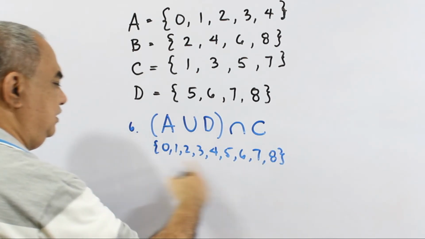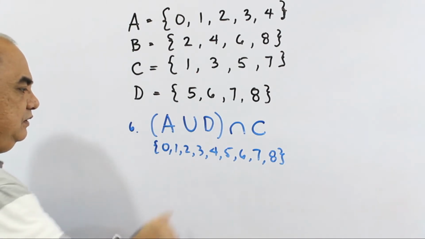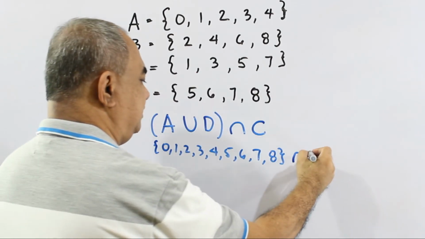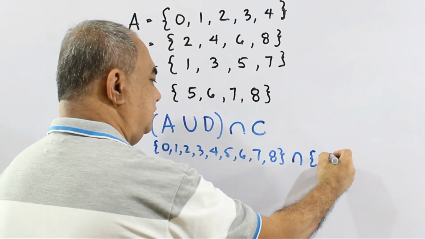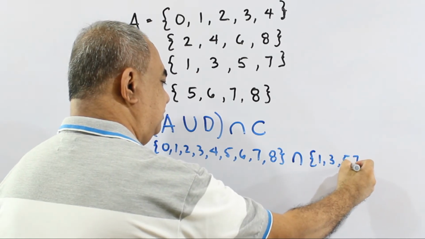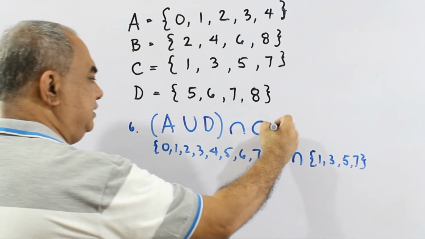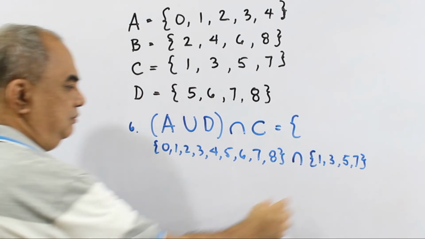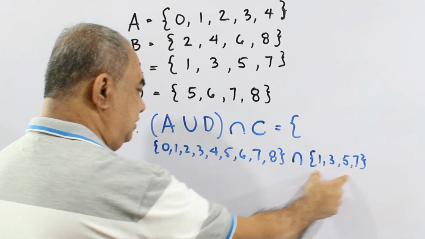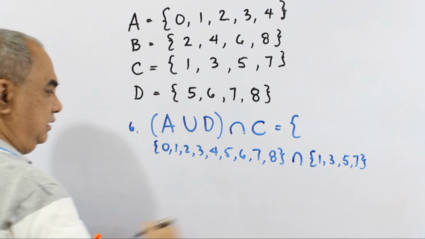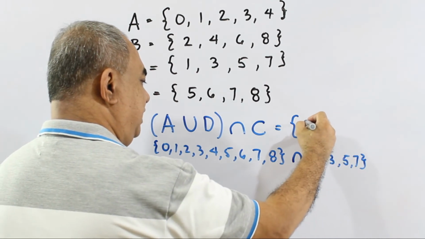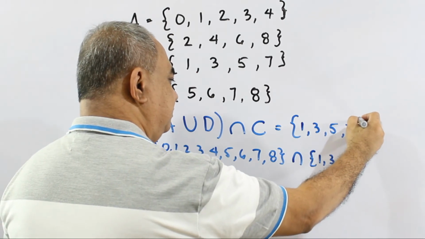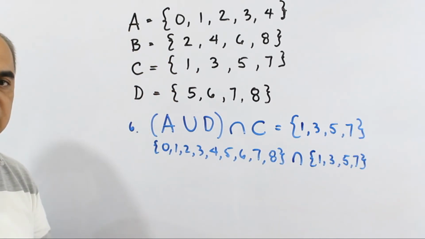It looks like it's the universal set. And then after that, we're going to intersect this with these elements: 1, 3, 5, and 7. The answer is what elements here are included here. So we have now 1, 3, 5, and 7. And this is our answer.